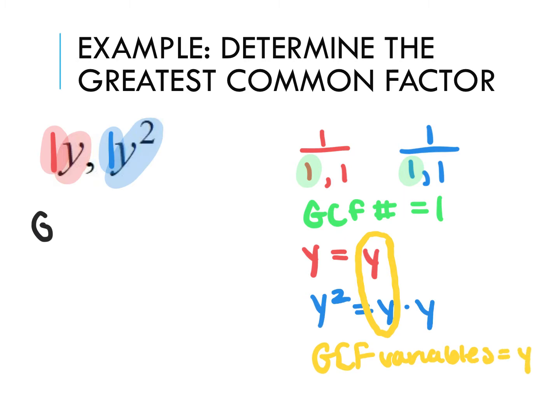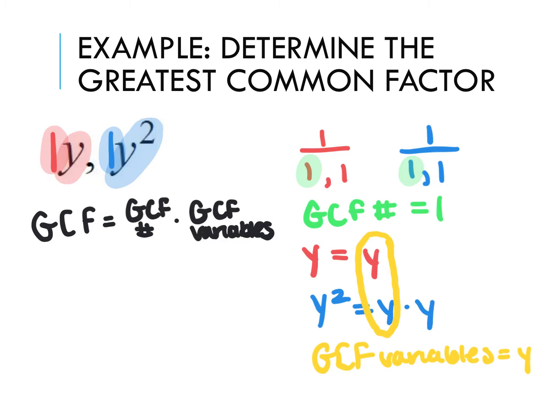Now when I rewrite this, it's always the greatest common factor of the numbers times the greatest common factor of the variables. In this case, my greatest common factor of the numbers is 1, and my greatest common factor of the variables is y. So rather than writing this as 1y, I can say that my greatest common factor is just y.